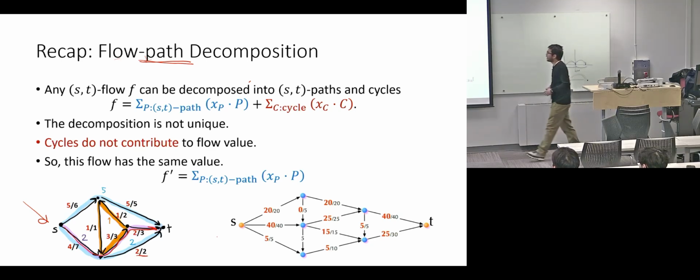So adding this path with value 5, path with value 2, this purple path with value 2, and a cycle with value 1, just gives you this flow.